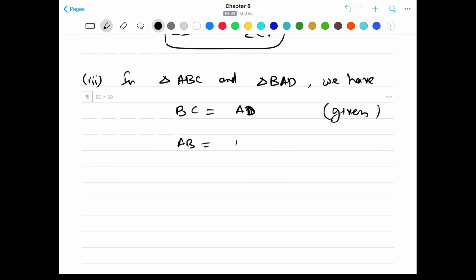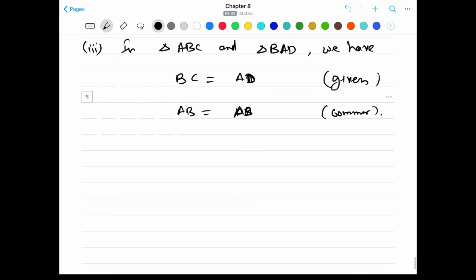Okay, and we have that AB is equal to AB, which is common for both triangles, and we have one angle, that angle A equals angle B.